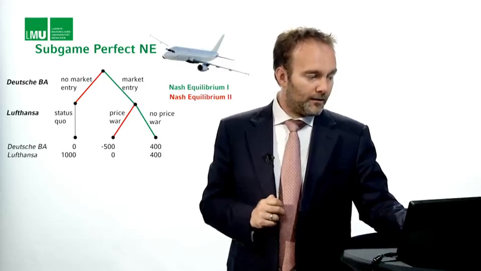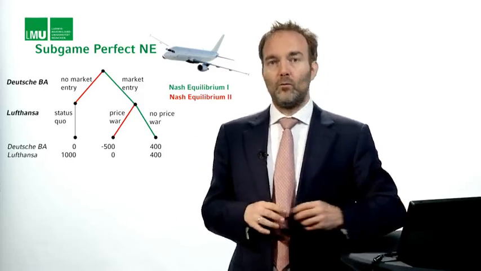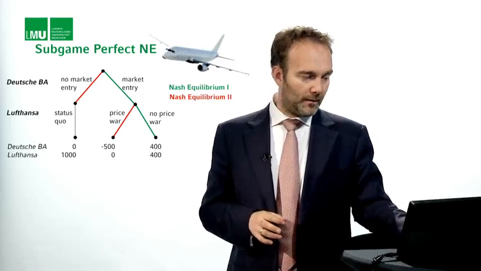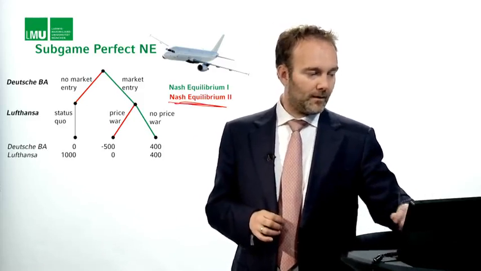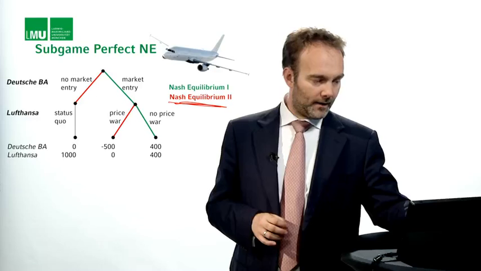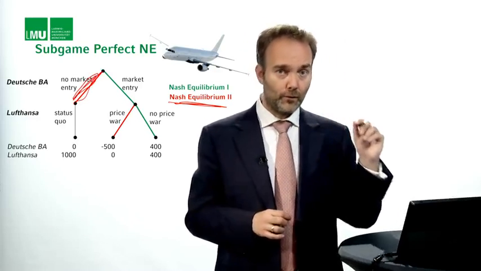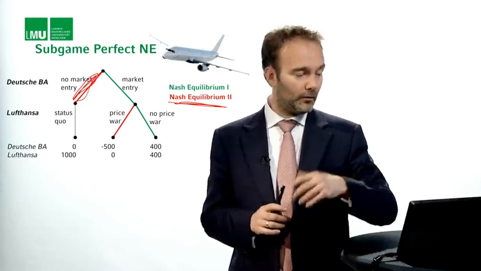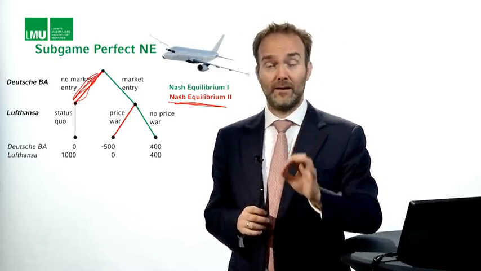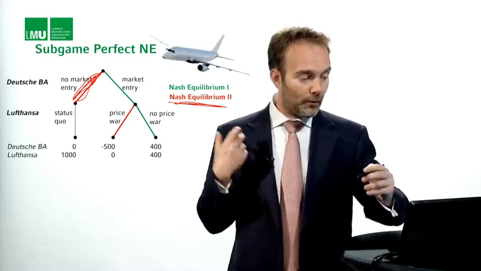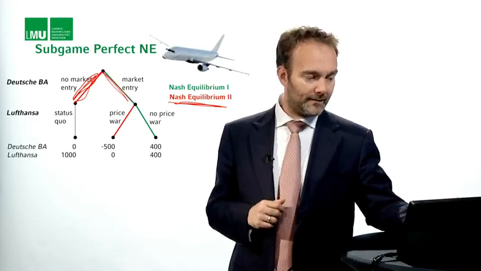Okay? So, again, thinking about what the Nash equilibrium might be, and thinking about the red Nash equilibrium here. Deutsche BA decides not to enter the market. That does not preclude Lufthansa from having a plan of action. They have to have a plan of action of what they would do if Deutsche BA actually did enter.